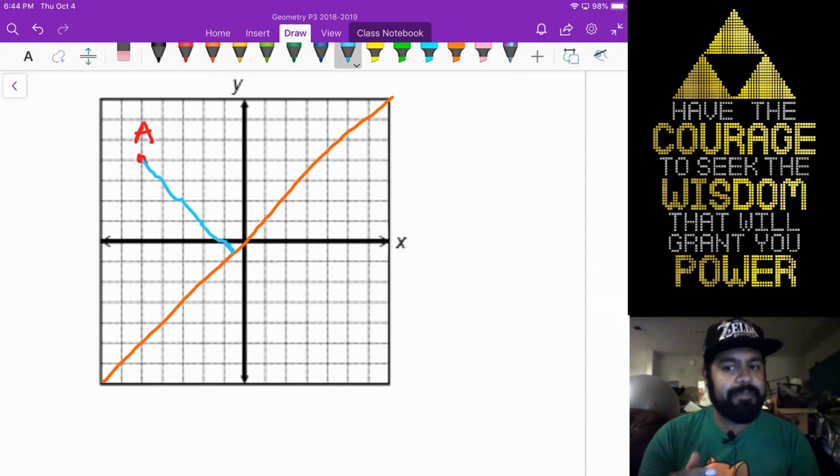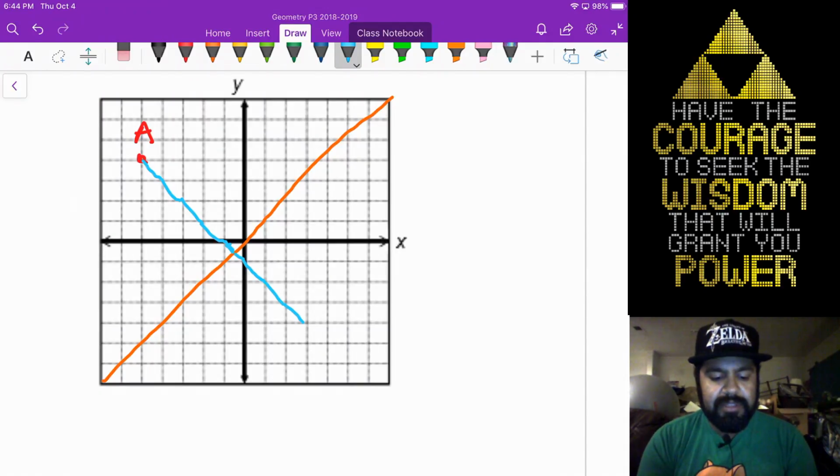There's 4.5 spaces, so I'm going to go another 4.5 spaces. 1, half, 1, 2, 3, 4. So then this coordinate here would be my new A prime. Now I can count that out, and I'm going to see that that's a +4, -5.